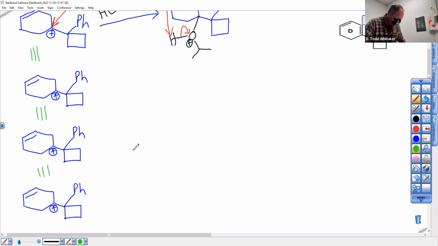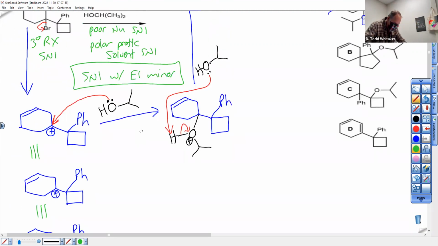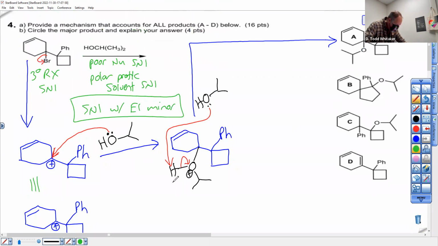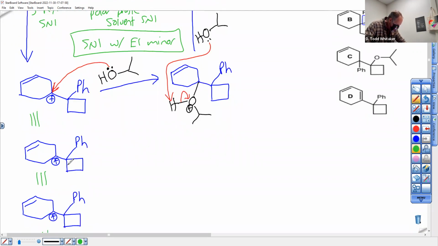And which rearrangement is going to work to make that ring bigger? How about this one? All the way to the C. You want to see my numbers?